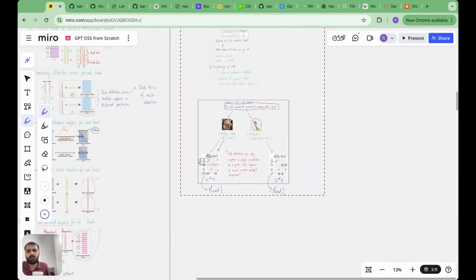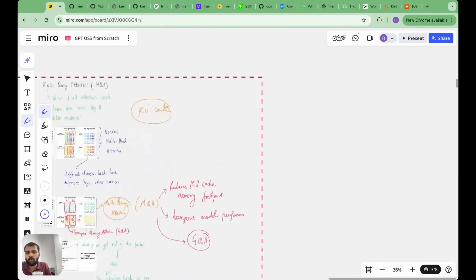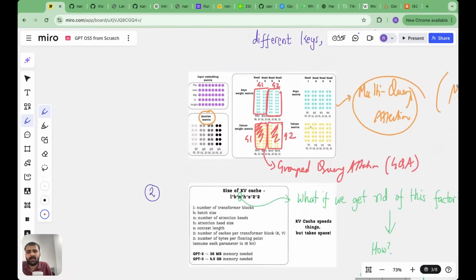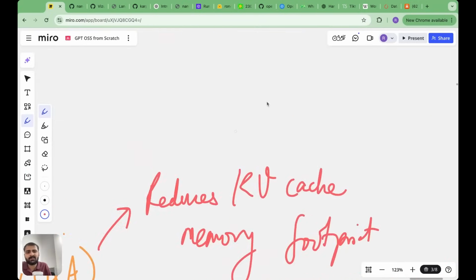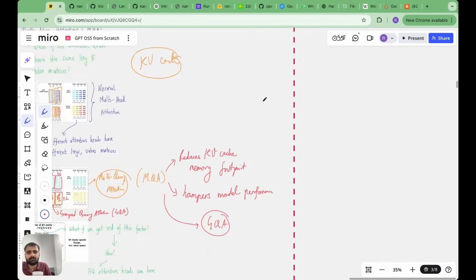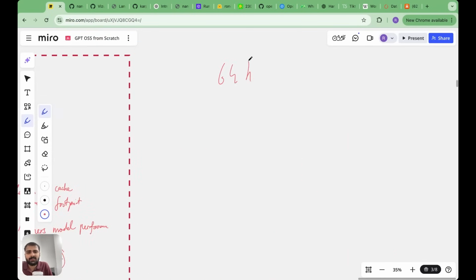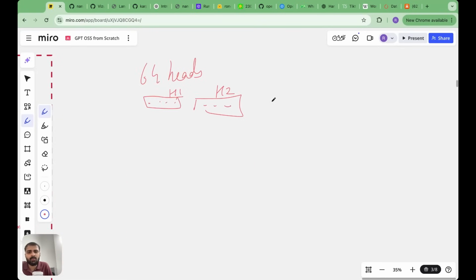Now what it means to have a grouped query attention of ratio 8 is to 1 is that there will be 64 heads, and each head will have some dimension. So let's say this is head number 1, this is head number 2, this is head number 8, and let's say I'm printing out the WK here.